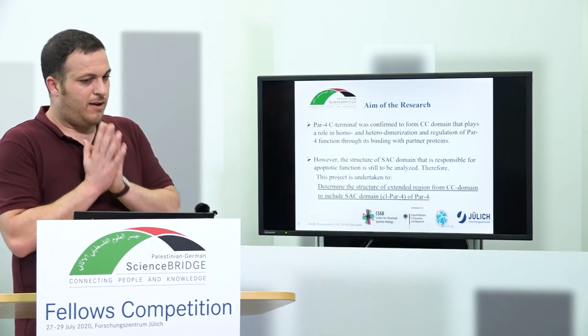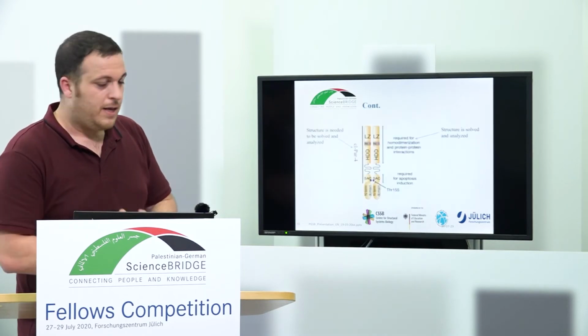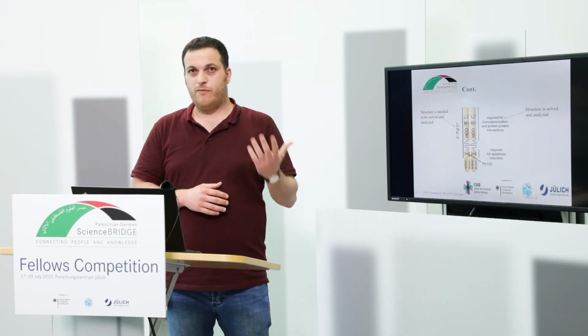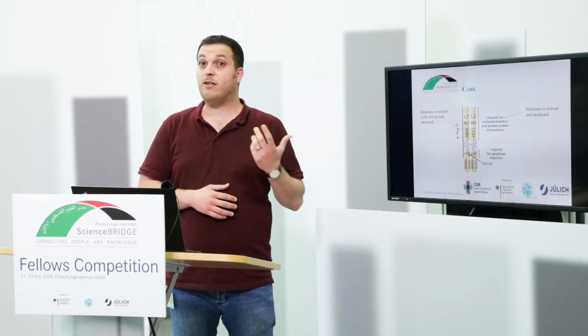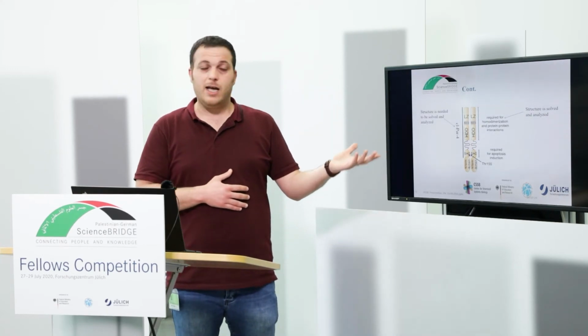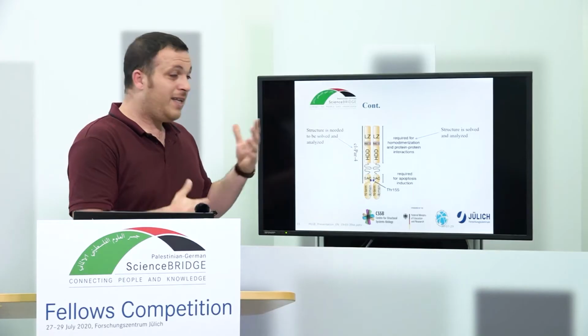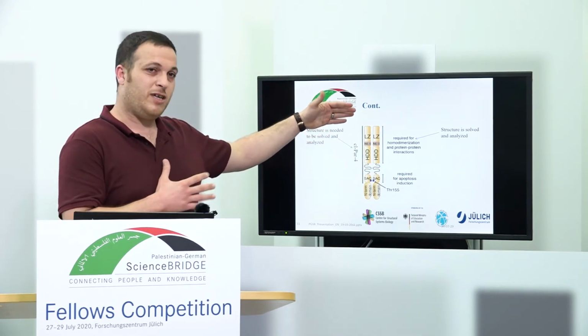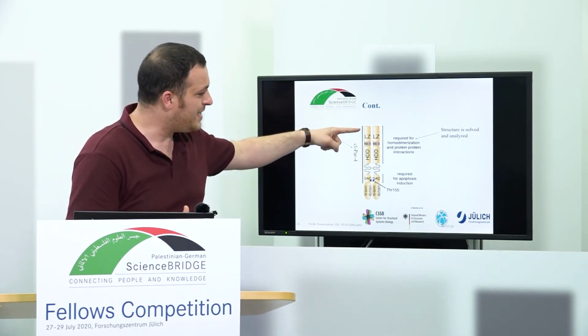So the aim of my research: the C-terminal part was confirmed to form a coiled-coil structure with a leucine zipper domain, and as I said, it was done by my colleague, a postdoc. My task now is to extend the structure outside of the CC domain.